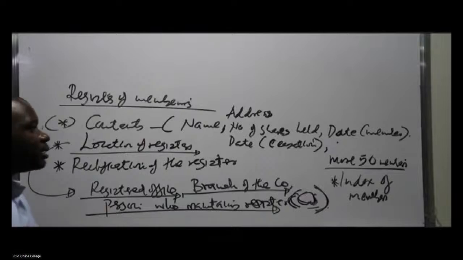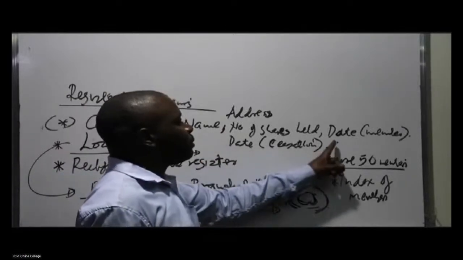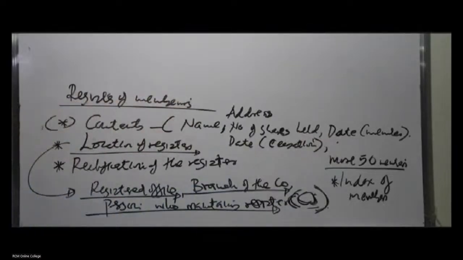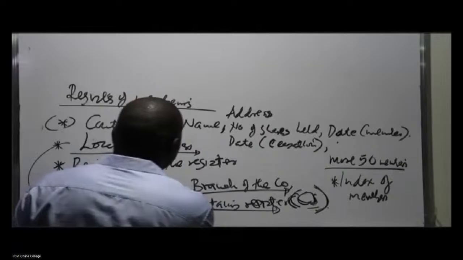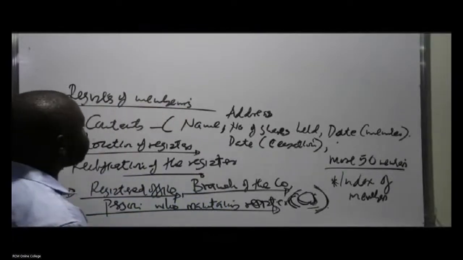What will be captured under that card will be all these particulars we talked about, a register of members. That's also what you need to talk about. So of course, you talked about rectification of register of members, but also when you talk about register of members, don't forget about also inspection.